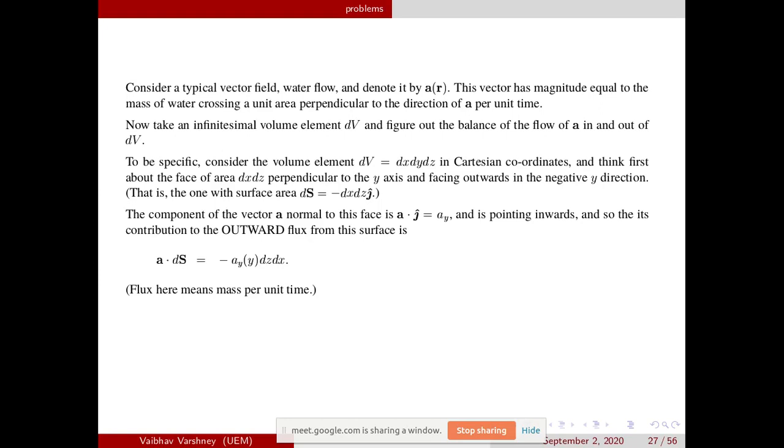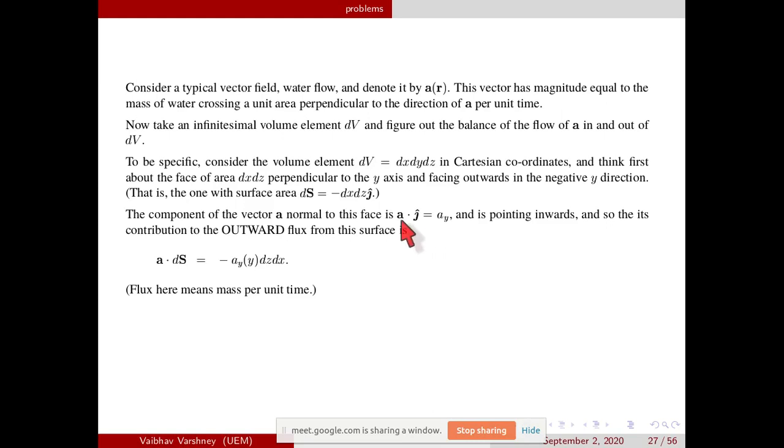Now let's calculate the fluid efflux one by one. The component of vector A in the y direction should be A dot j. When we have to calculate the component of any vector, we do the dot product with the unit vector, so the unit vector is j.